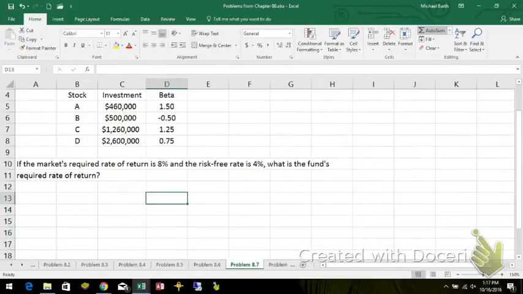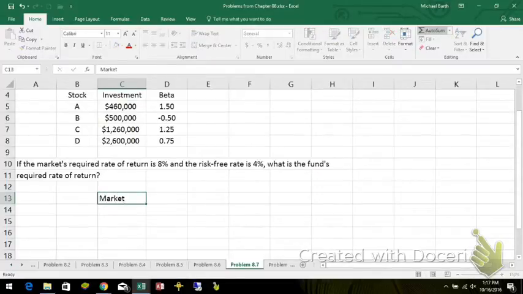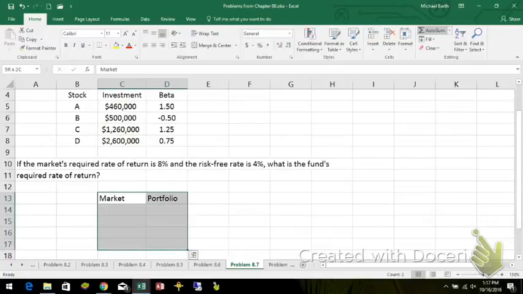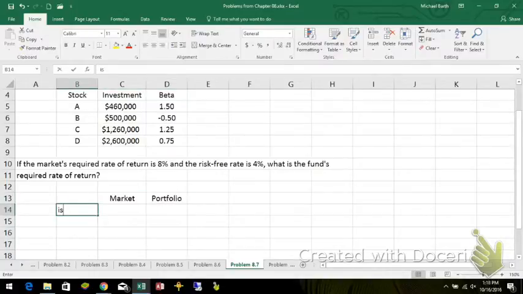Well, to solve for that, what I'm going to need is to look at the market, and for the portfolio, I have a risk-free rate, which is 4%, and it's going to be 4% for both of them.